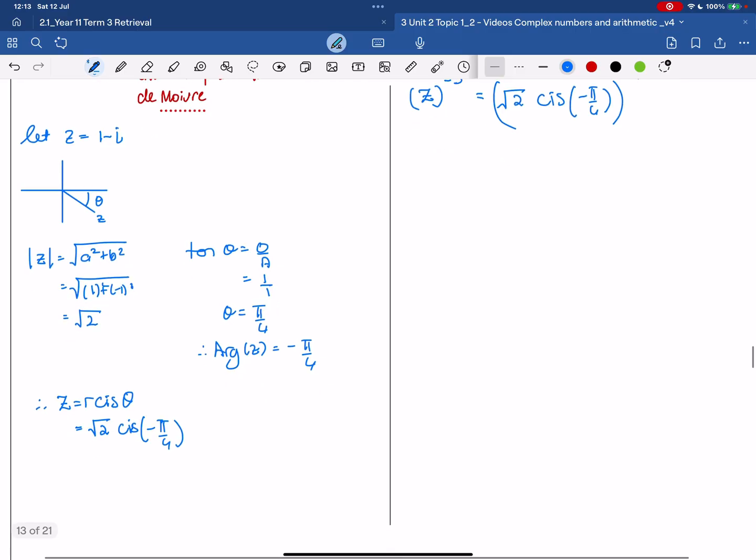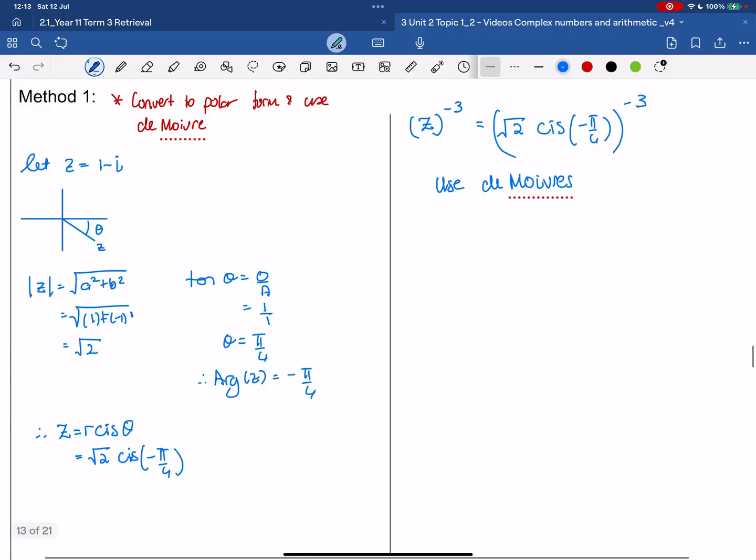And we're going to use de Moivre. And that says that we're going to expand our root 2 to the negative 3. And then we're going to say cis of negative 3 times negative pi on 4.